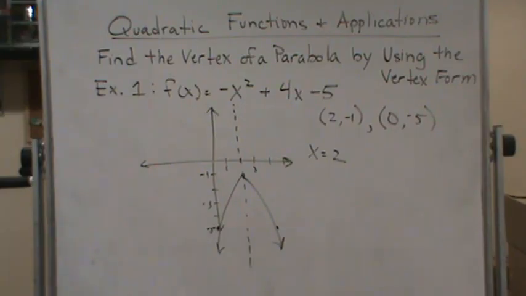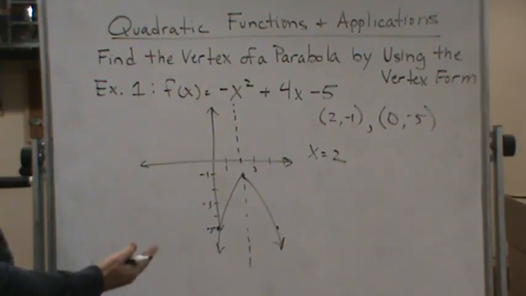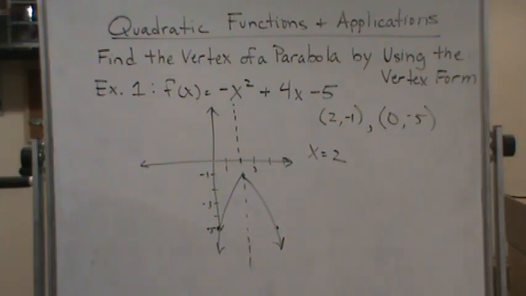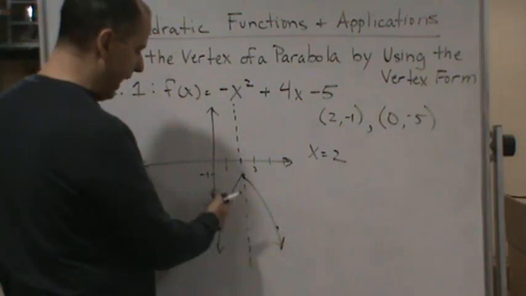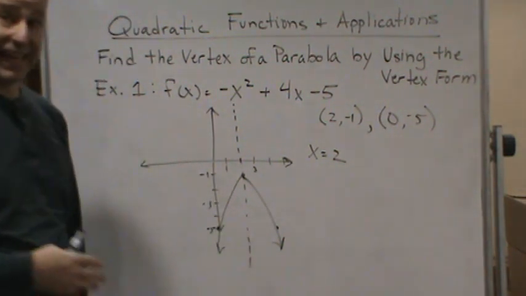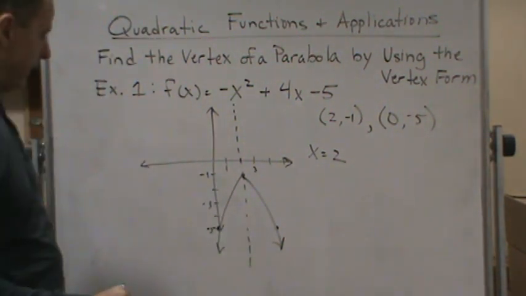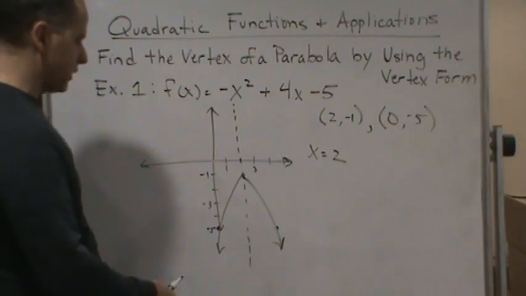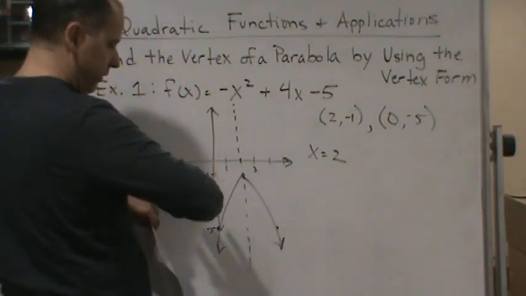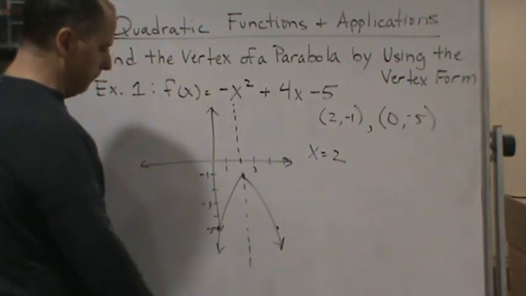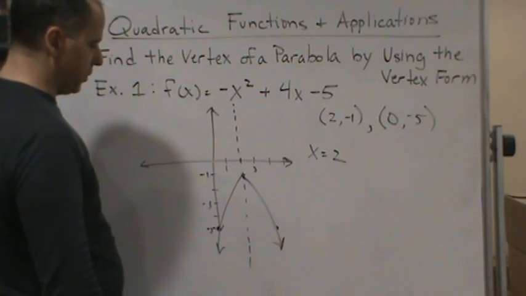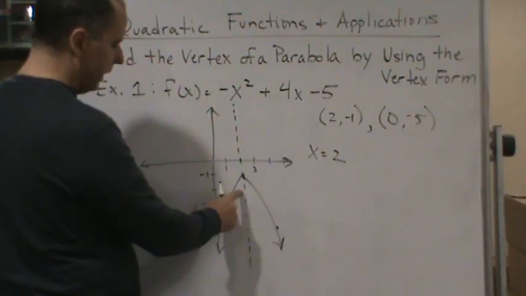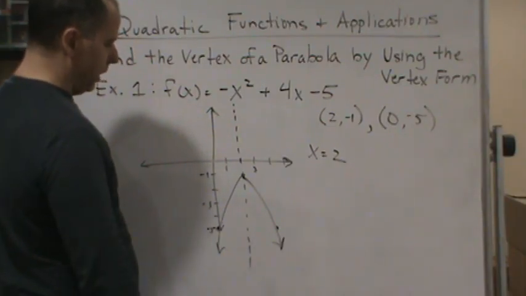Now, what about the maximum value of the vertex? Well, that's the y value of the vertex. In this case, it's an absolute maximum. We'll talk about that later. An absolute maximum means that if you took the entire domain, it's the largest value of the function.